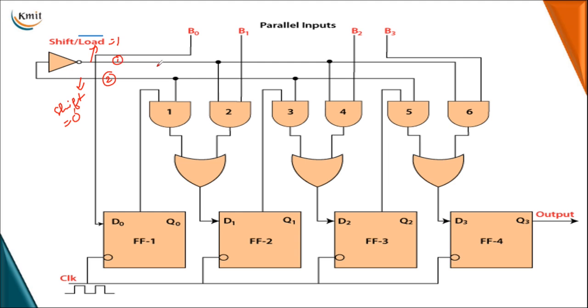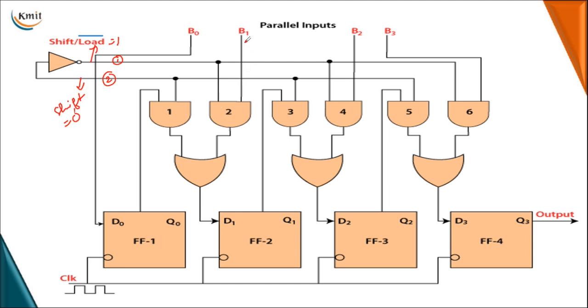When this first line is in an active state, the OR gate will give you logic 1. So the outputs of the even AND gates, the second, fourth as well as the sixth AND gates, depend on your parallel data inputs B1, B2, B3. Whereas with that, these are enabled.